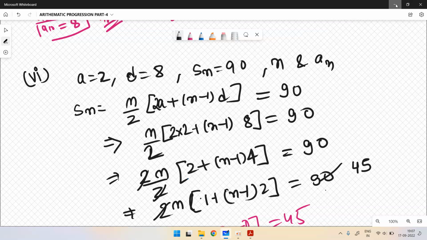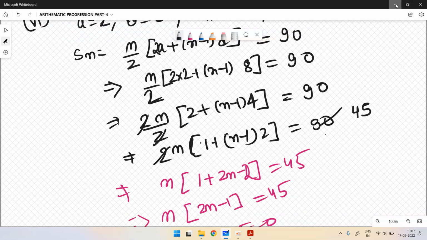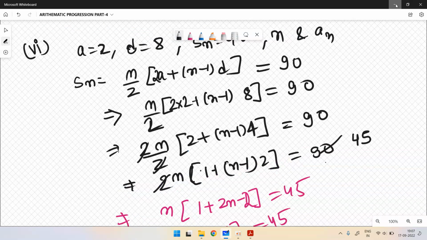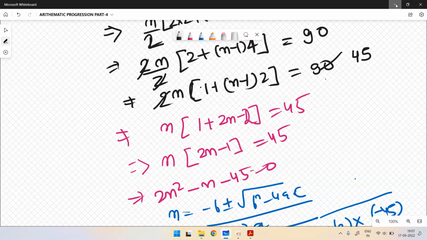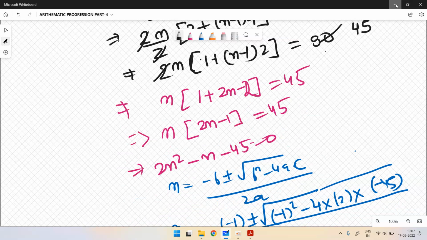This will be 2n minus 1. And then we are remaining with 2n minus 1 into n in this 2 to 8, 1 to 5 and this is 45. If I solve this, it is 2n square minus n minus 45 equals 0.